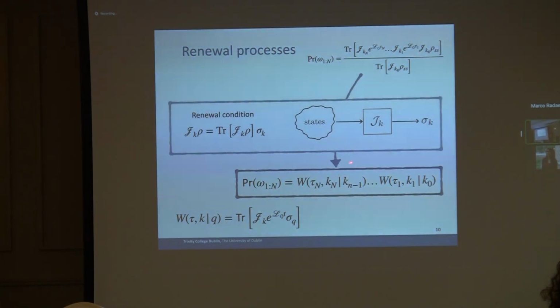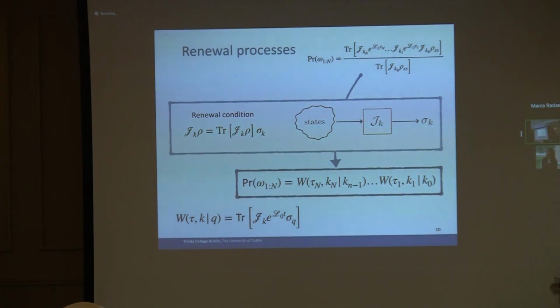The idea is that it is the conditional probability distribution that, if I have an initial jump in channel K, or Q, let's use this, then what is the conditional probability of having a jump in channel K after a time tau since the first jump? Something interesting to see from here is that this takes the form of a Markov order 1 process, in terms of the pairs, jump channel and jump time.